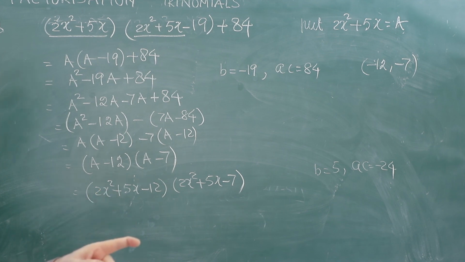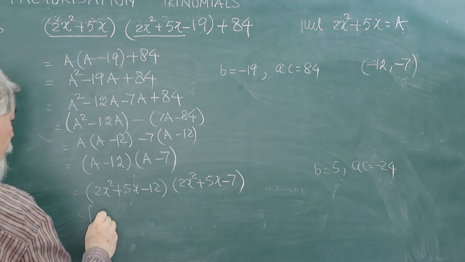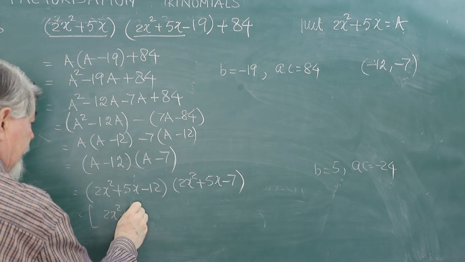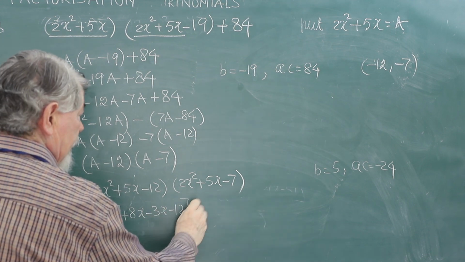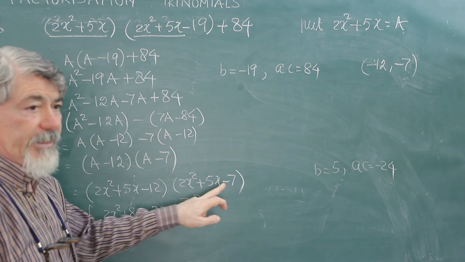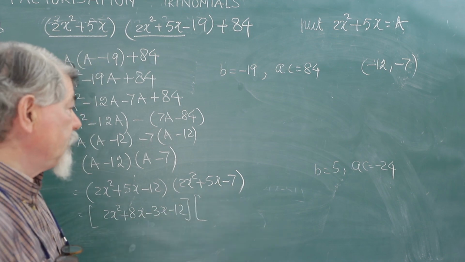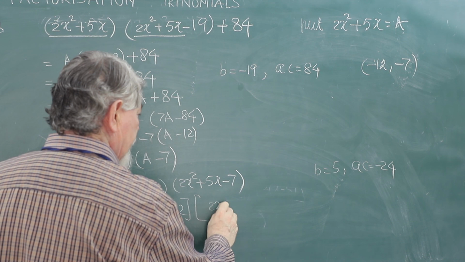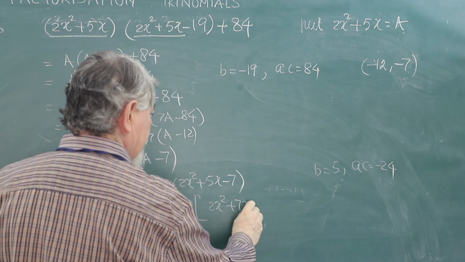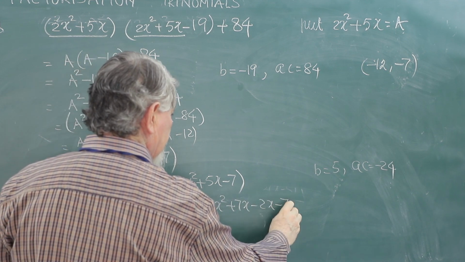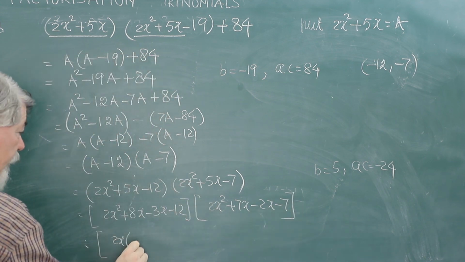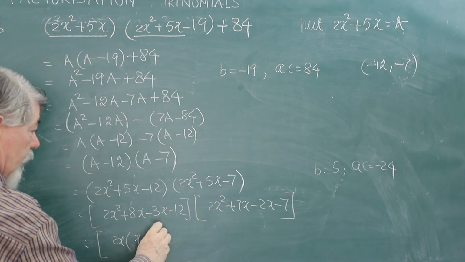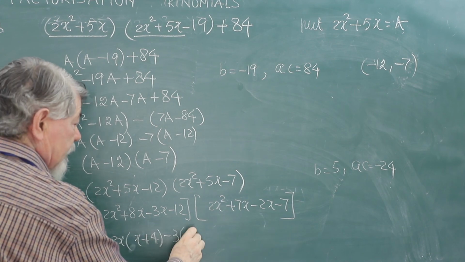So 8 3s are 24, and plus 8 minus 3. So 2x square plus 8x minus 3x minus 12. In this, 2 7s are 14 and 5 has to be in between. We can use the same, 7 2s are 14. 2x square plus 7x minus 2x minus 7. In the first bracket I will take 2x common, x plus 4, minus 3 is common, x plus 4.